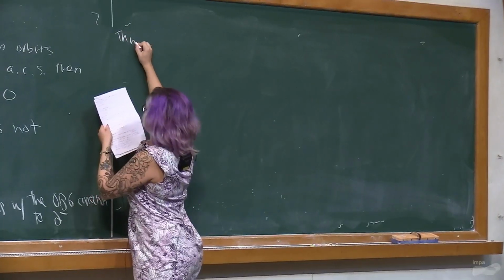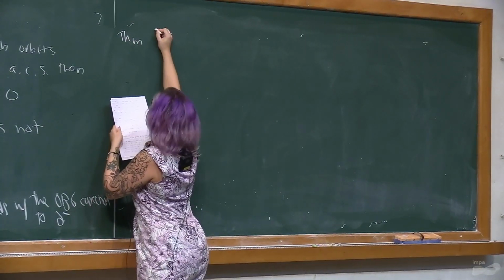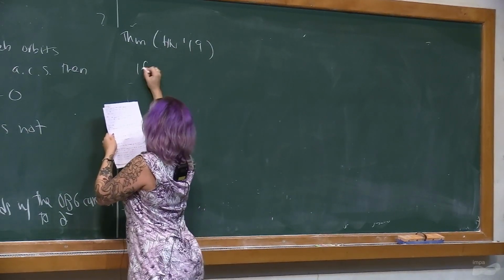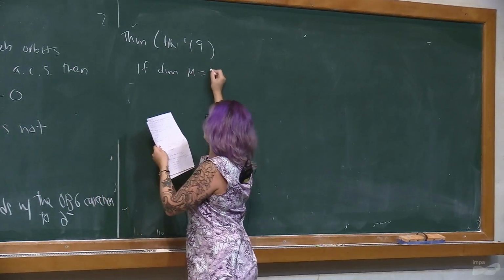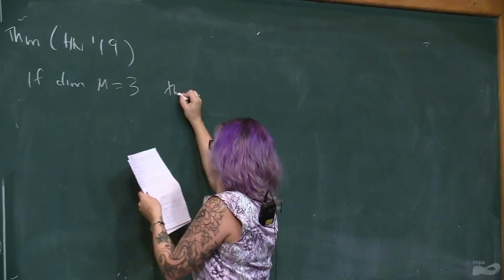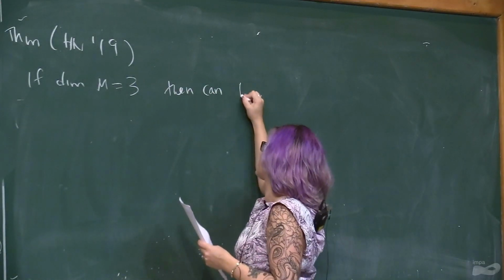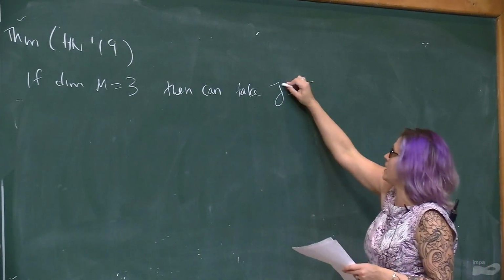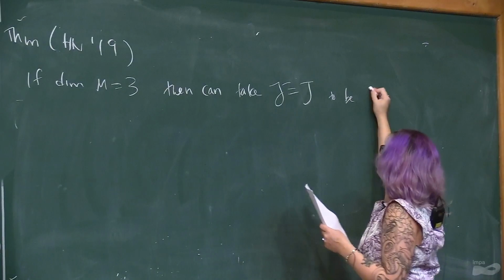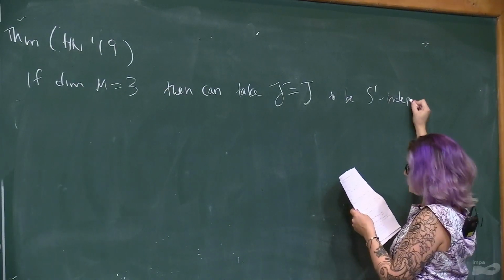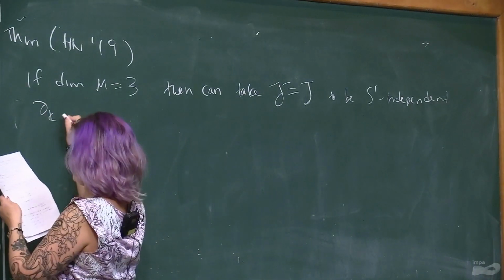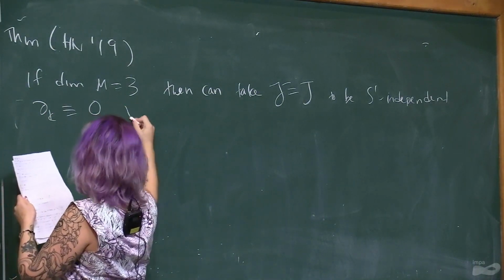So the theorem is that if the dimension of M is equal to 3, then you can take this family J to be a single J.